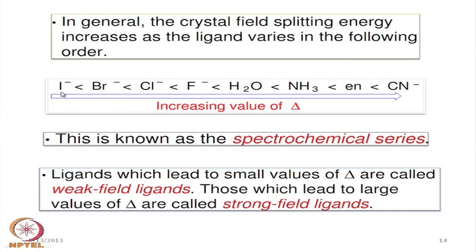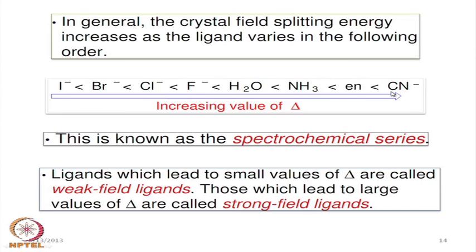So, the ligands on the left hand side are weaker in nature, provide small delta values, and are called weak field ligands. Iodide and bromide are therefore weak field ligands. Whenever they form complexes, they provide a very small delta value, and the electronic transition can be correlated with that small delta value.